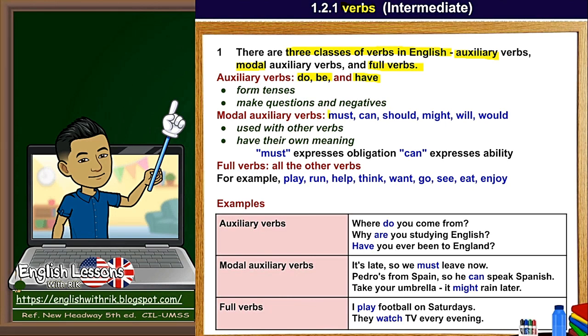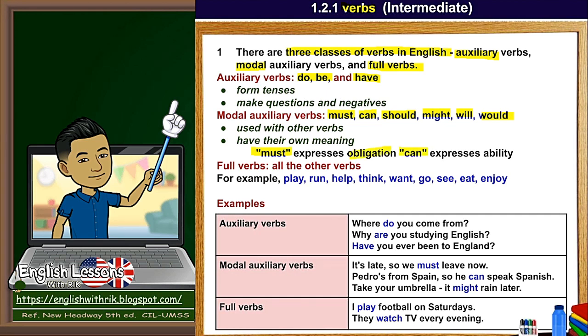Modal auxiliary verbs. For example, must, can, should, might, will, and would. We use modal auxiliary verbs with other verbs. They have their own meanings. For example, must expresses obligation.